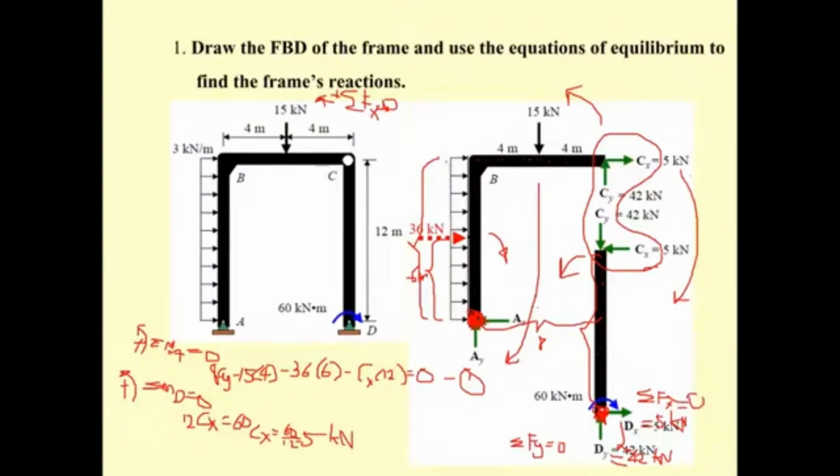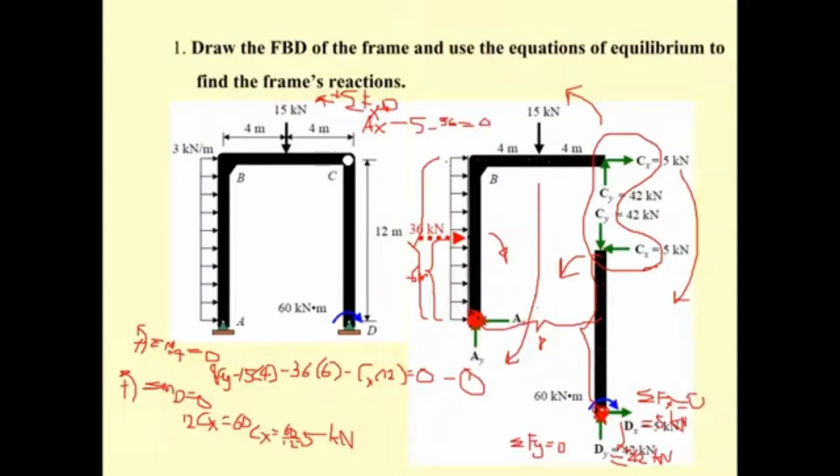So you get a sub x, and the c sub x is in the opposite direction, minus 5. You also have 36 in the opposite direction, that is minus 36, and that is all equal to 0.